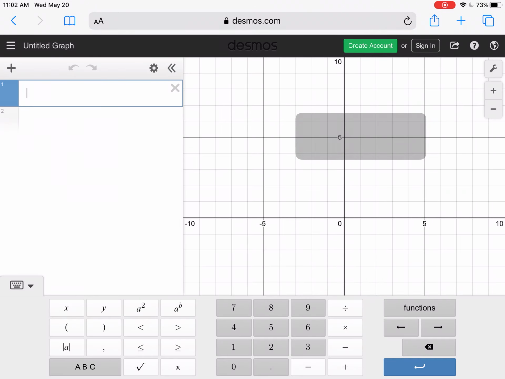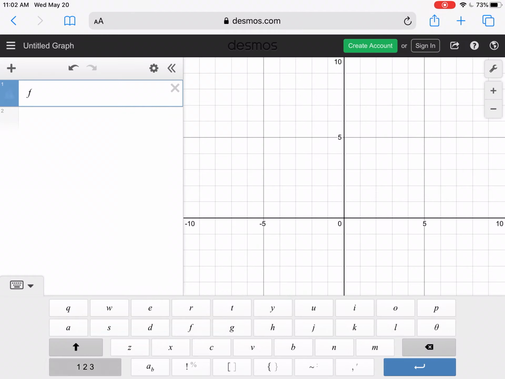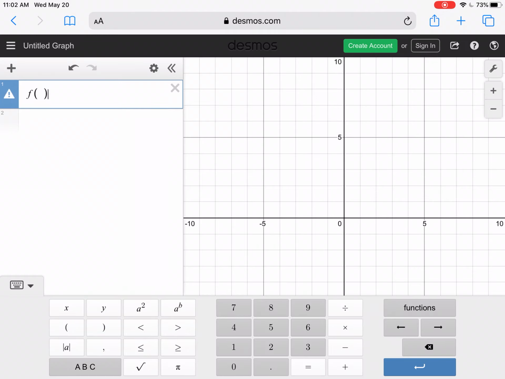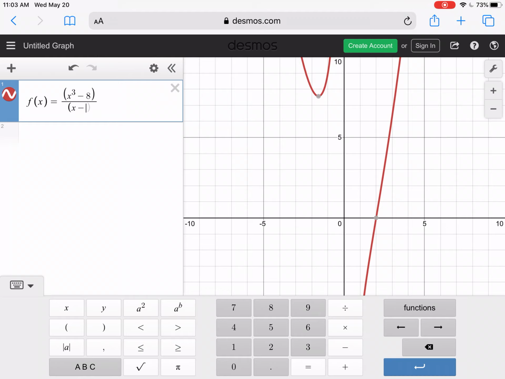I'm going to say that f of x is, and I need parentheses, what was it? It was x cubed minus 8 divided by x minus 2.